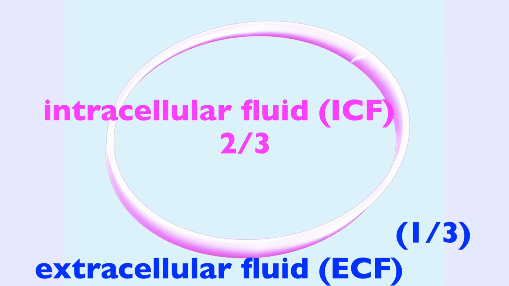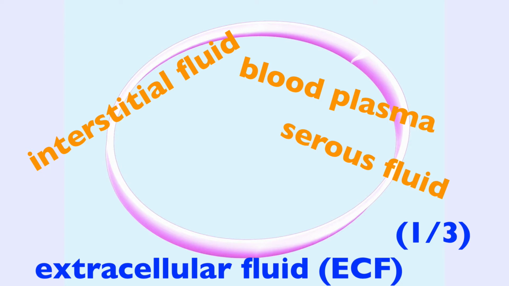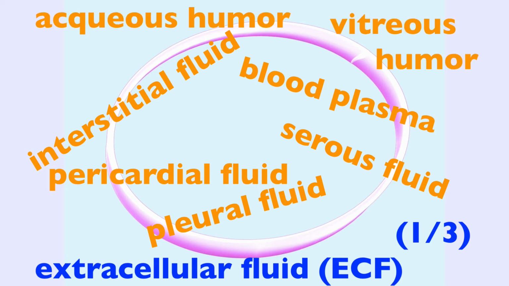If fluid is not within cells, it's known as extracellular fluid, which contains interstitial fluid, blood plasma, serous fluid, pleural fluid, pericardial fluid, the aqueous and vitreous humor of the eye, and the list goes on.